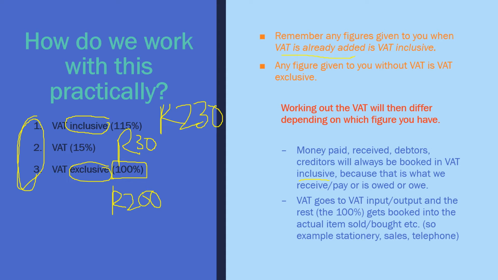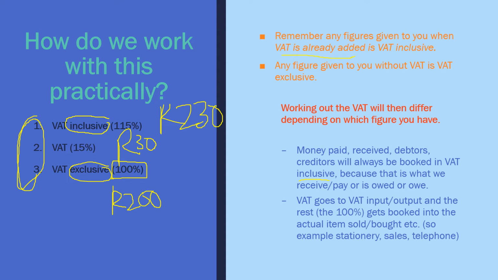The reason for that is because what we receive or pay, depending if it's money going in or out, and depending if it's debtors or creditors, so people that we owe or owe us, that is the total amount that we owe, and that might also be the total amount that they pay us. So some of what we owe or pay, some of what we receive, is going to SARS.